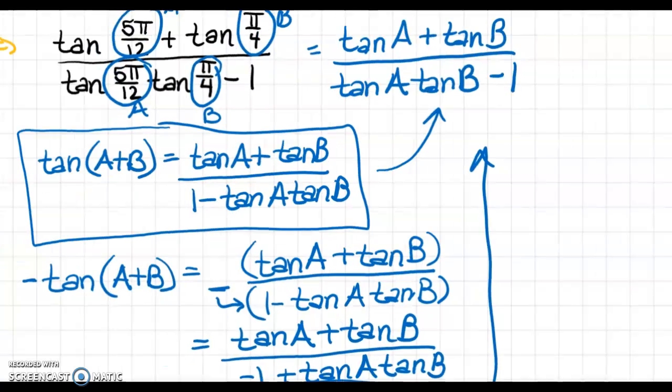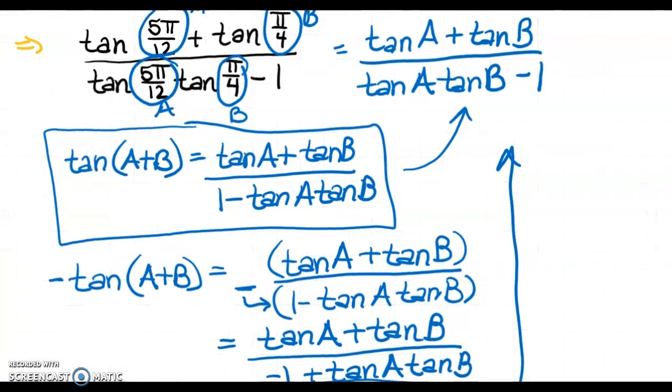So I know that this equals negative tangent of A plus B. All right, so we came up with a brand new identity for one of our problems, which is okay. We're allowed to manipulate all of our identities into equivalent alternative forms.